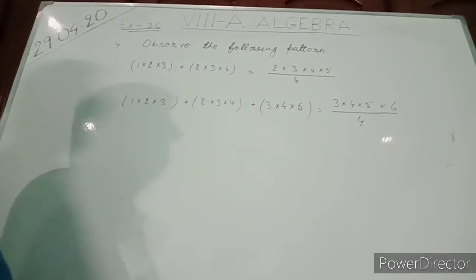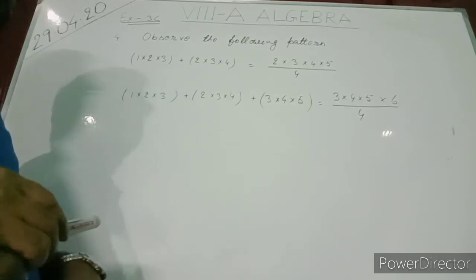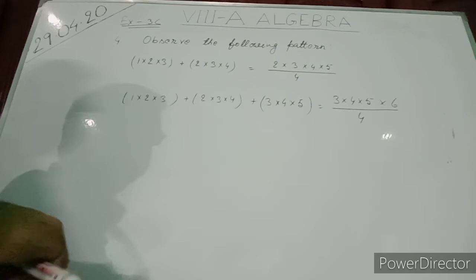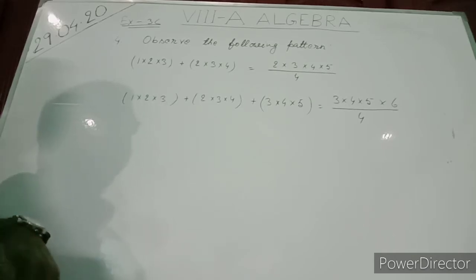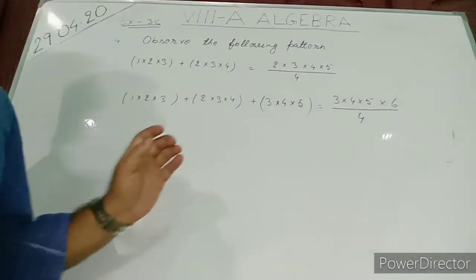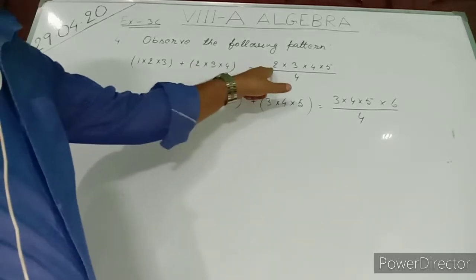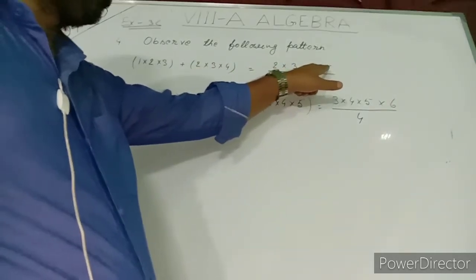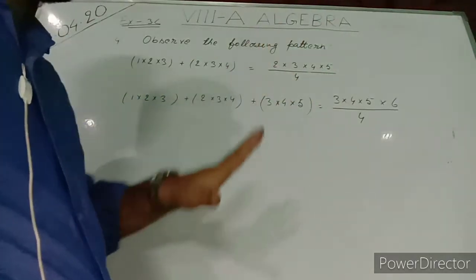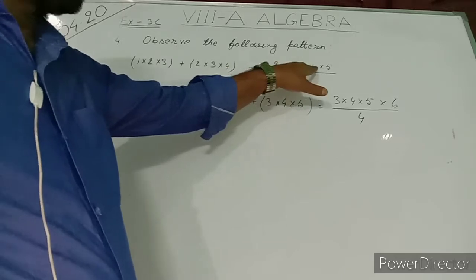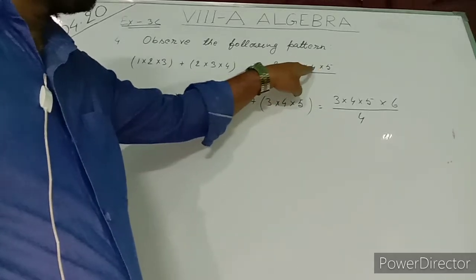Now question number 4. Again the question is, observe the following pattern. In this pattern we are saying that 1 into 2 into 3 plus 2 into 3 into 4 equal to 2 into 3 into 4 into 5 by 4. First of all, where are these four numbers coming from? 2, 3, 4, 5.